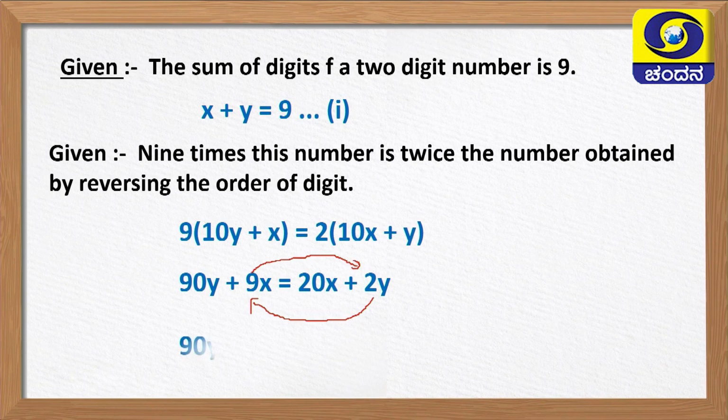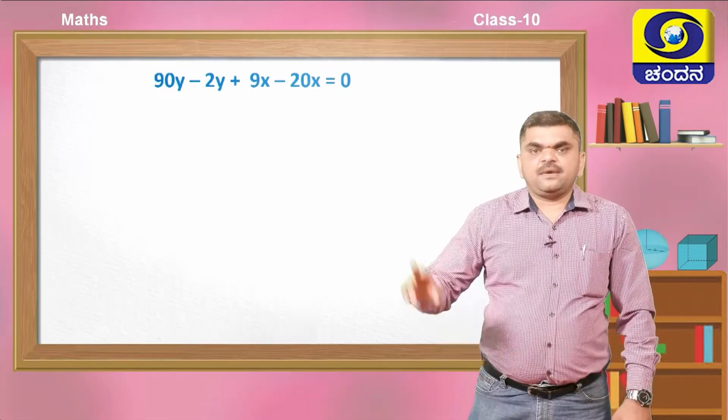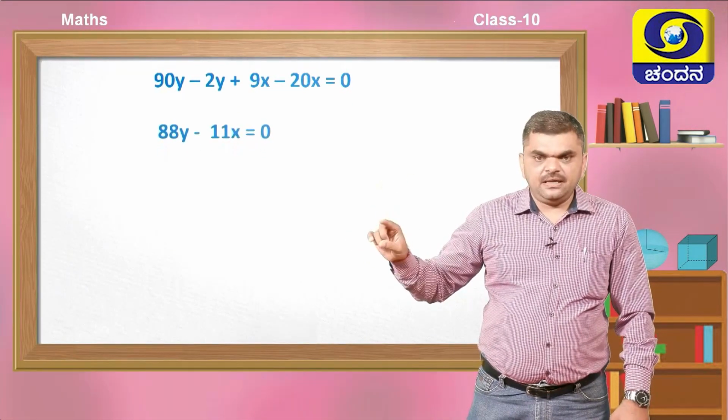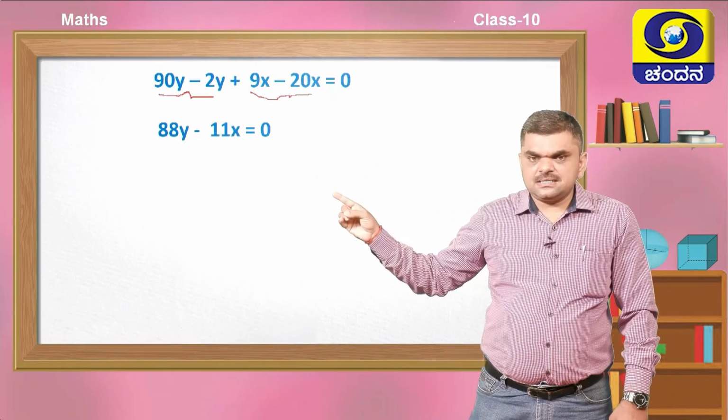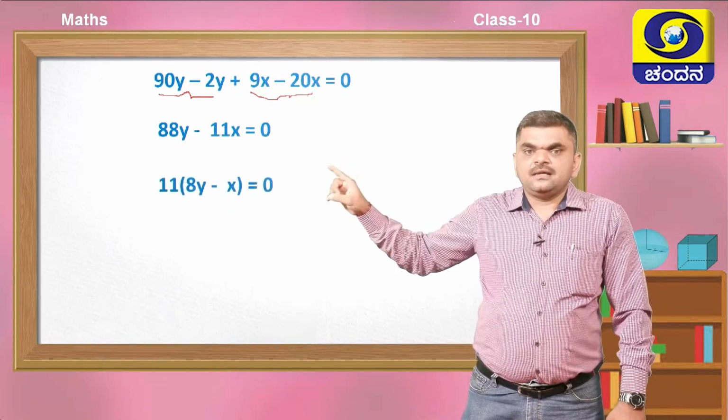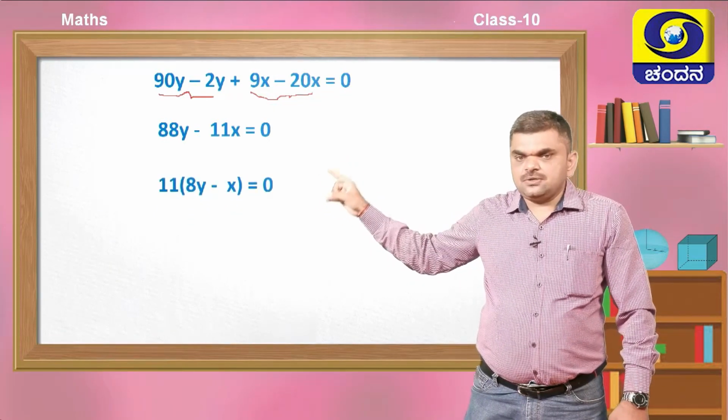What do we get? 90y minus 2y plus 9x minus 20x is equal to 0. Now, on simplification I get 90y minus 2y means 88y, 9x minus 20x is equal to minus 11x. In total I get 88y minus 11x is equal to 0.